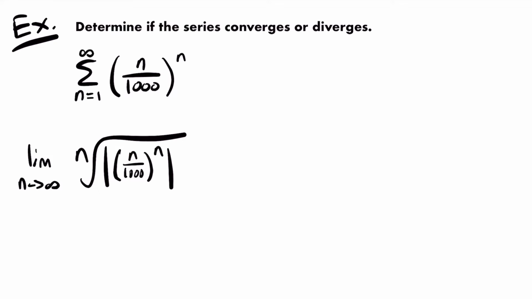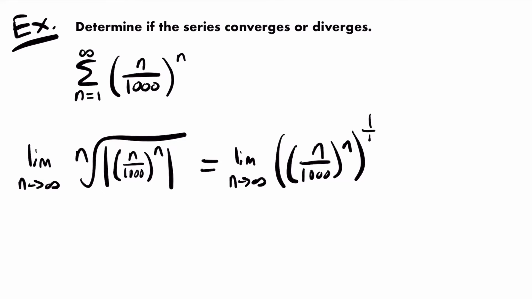All right, now n divided by 1000 to the power of n is always going to be a positive value, since our values of n can only be values from 1 to infinity, so we know that this will be positive, so those absolute value bars don't matter, we can remove them, and so we'll have that this is equal to the limit as n approaches infinity of n divided by 1000 to the power of n, and we're taking that to the power of 1 divided by n.